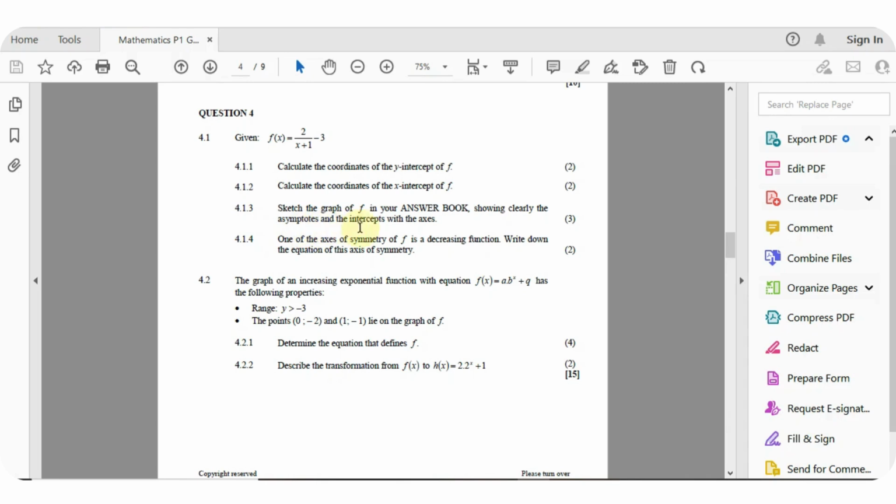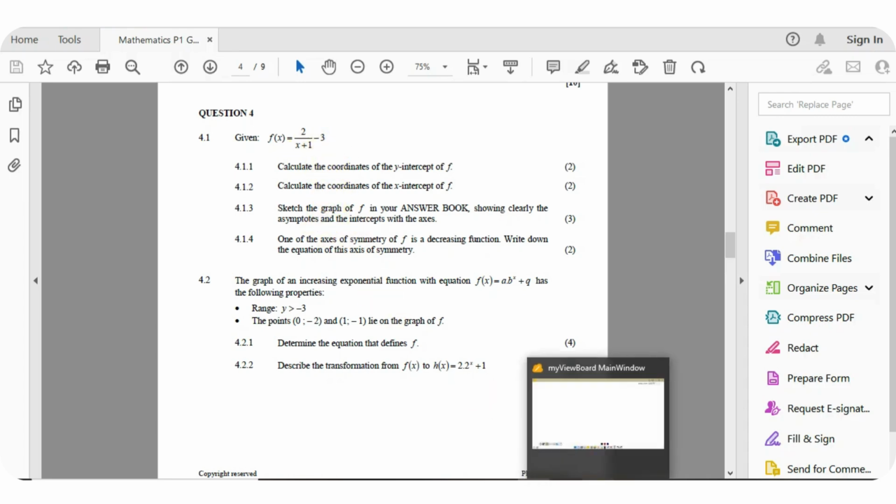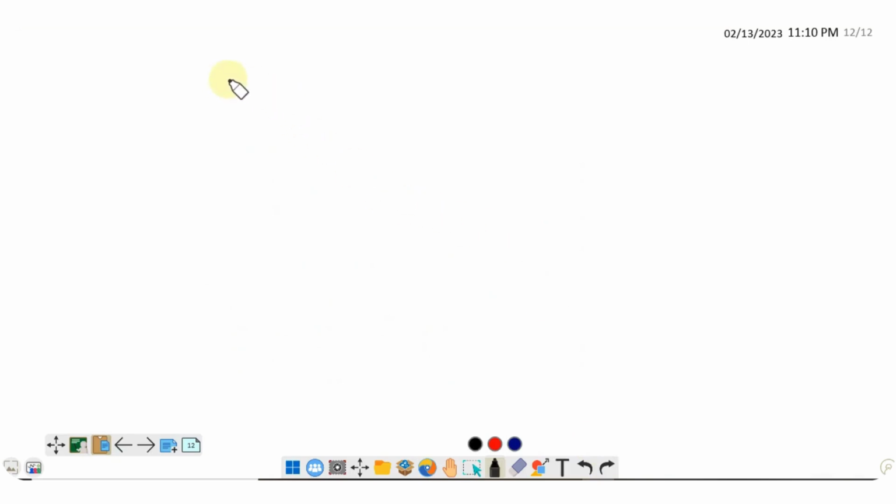4.1.3, they say sketch the graph and show the intercepts and the asymptote. I'll quickly show the asymptotes. x plus 1 equals 0, therefore x equals negative 1.